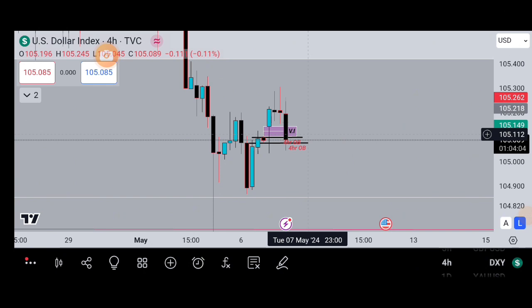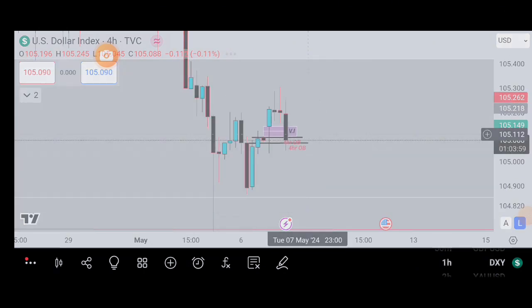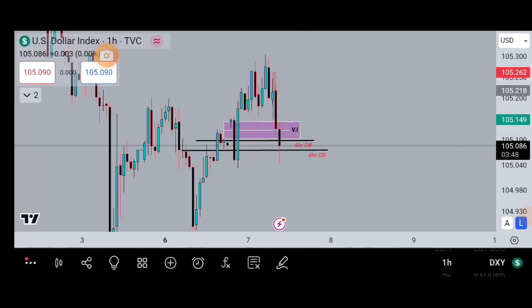Currently we have dipped into that 4-hour order block, and now I guess we can drop onto the lower time frames and see whether we can take shots for EURUSD and GBP. First I'll check which pair we should be trading, because we have the EU and the GBP.